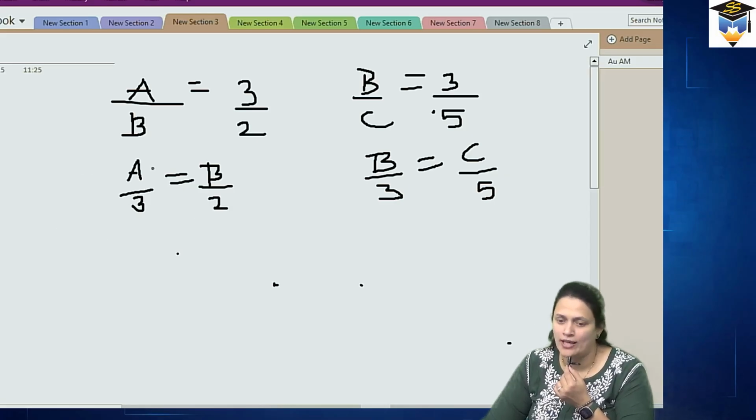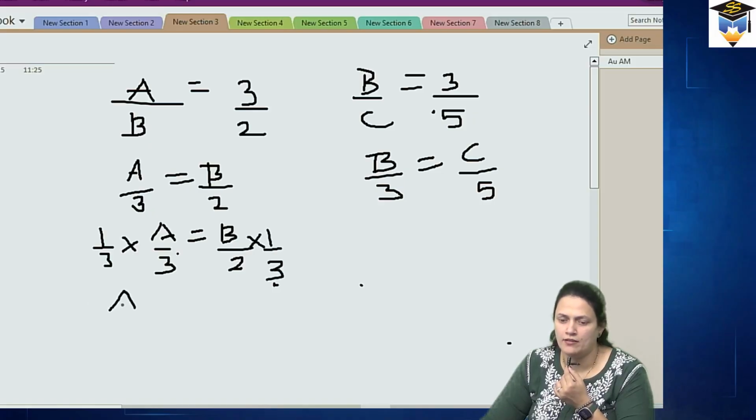Correct. So A upon 3 is there. So that's why multiply by 1 by 3. Okay. So multiply both sides by 1 by 3. So A by 9 is equal to B by 6.